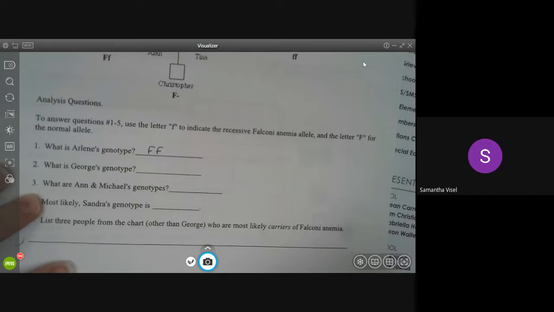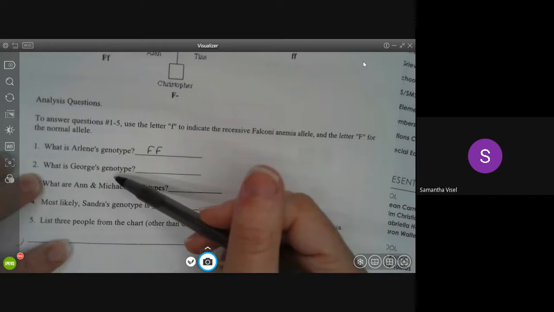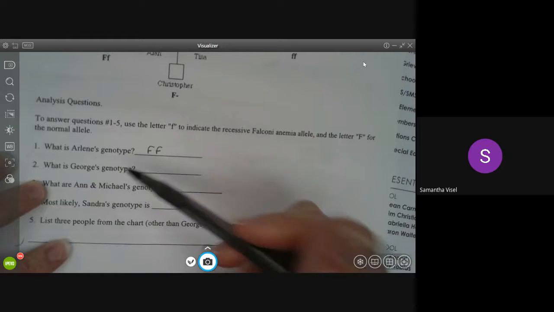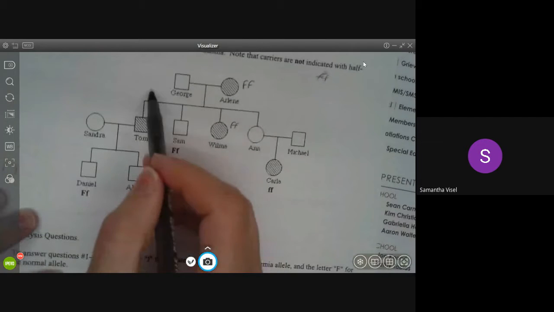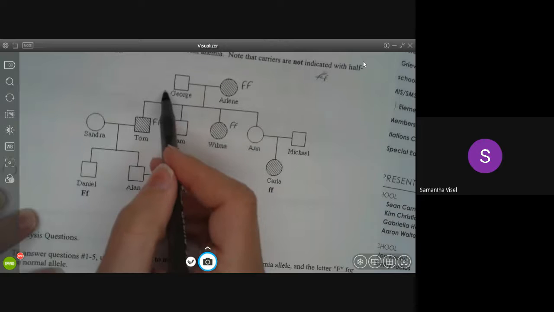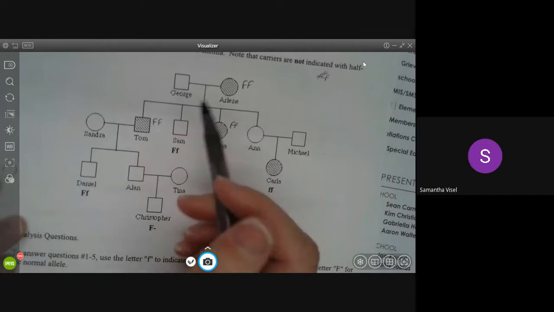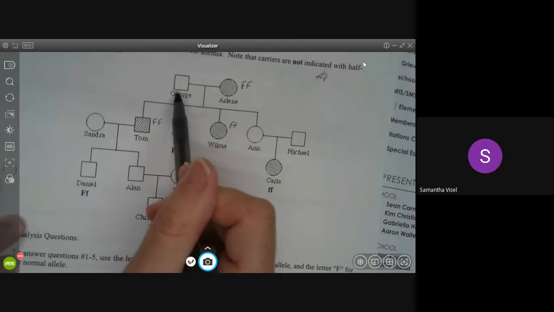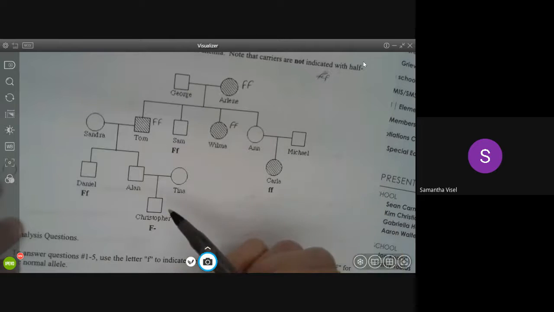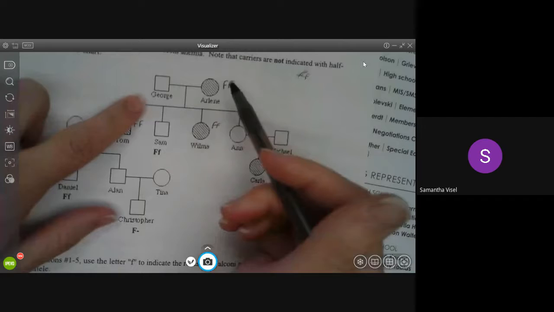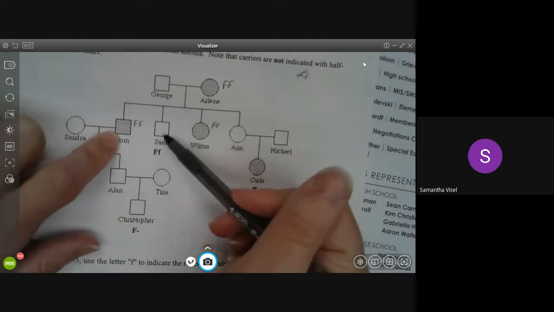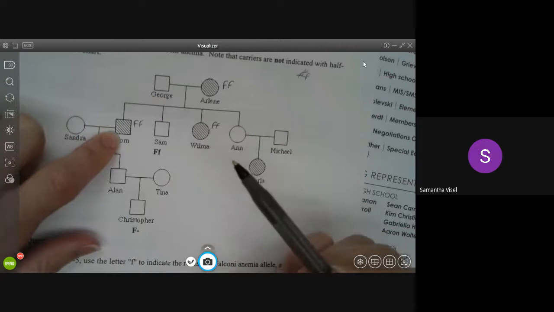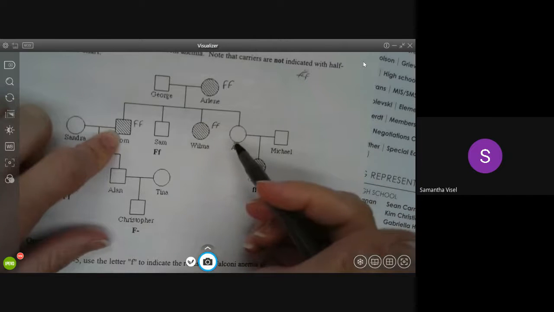For 2, we're asked what is George's genotype. George is not shaded, so he can't be little f, little f. Now the question is, is he homozygous dominant or heterozygous? If he was homozygous dominant, big F, big F, he would give an uppercase F to all of his children, because that's the only allele he could give.